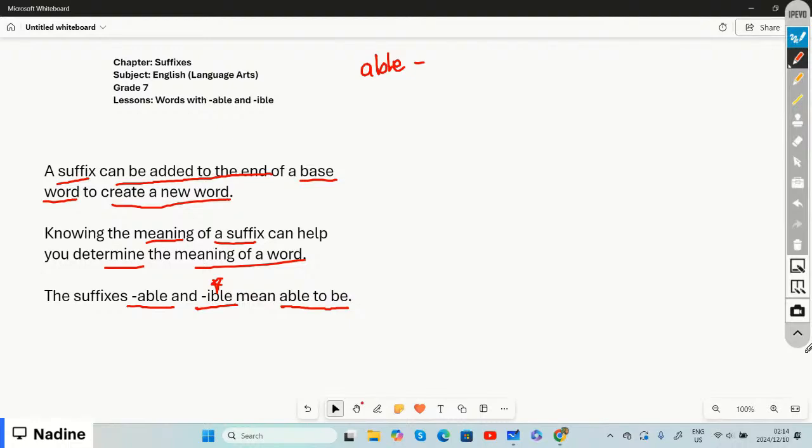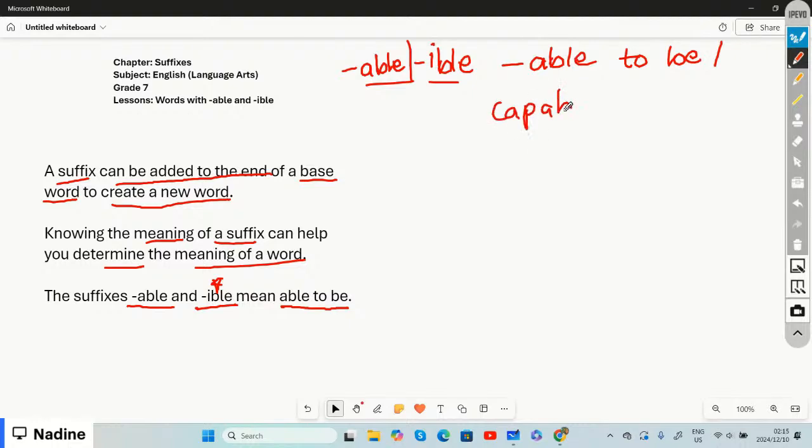And remember, we said that the suffixes able and ible can be added to the end of a base word. We see that both of these mean able to, or that you are capable of doing something.